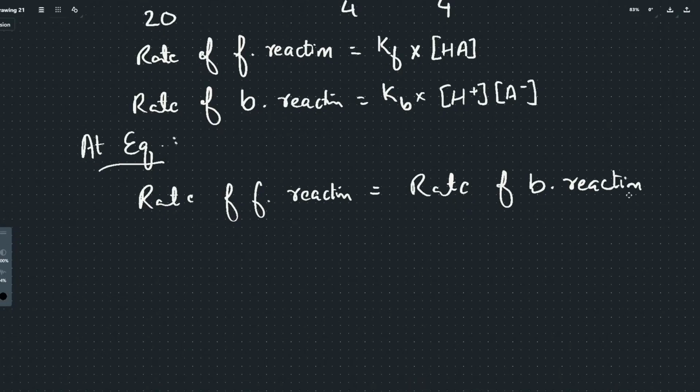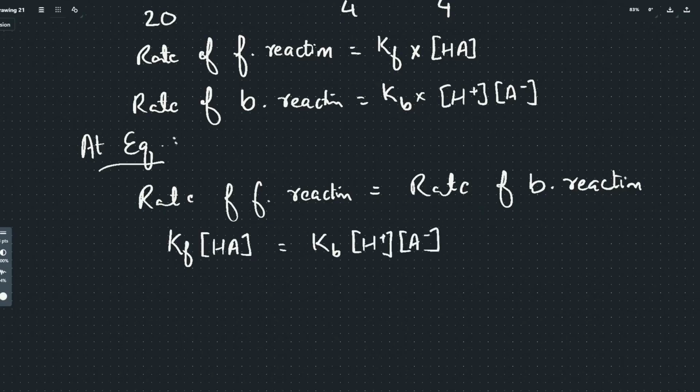So now if we put the values of these equations here, this will become kf. Actually we can just ignore the cross or multiplication sign. We can simply write it like this. If you know mathematics, it means the same basically. So we can write it like this: H positive and A negative.